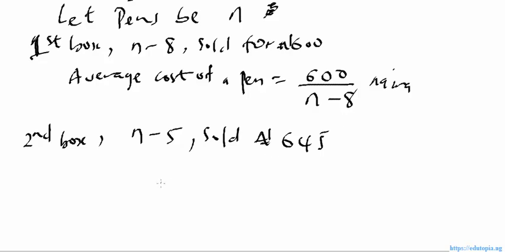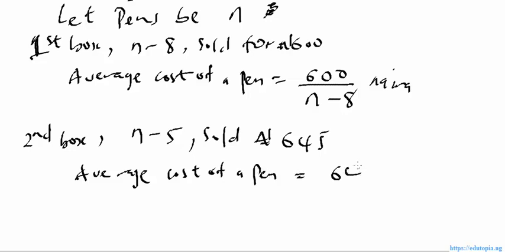So therefore the average cost of a pen in the second box will be 645 over N minus 5 naira. Now that is just what we have now.